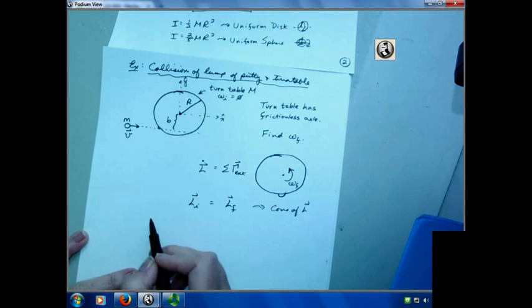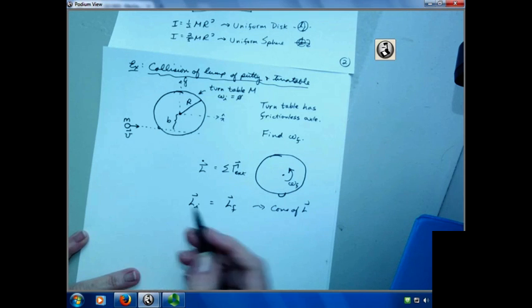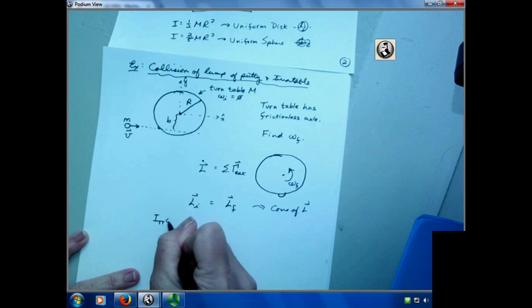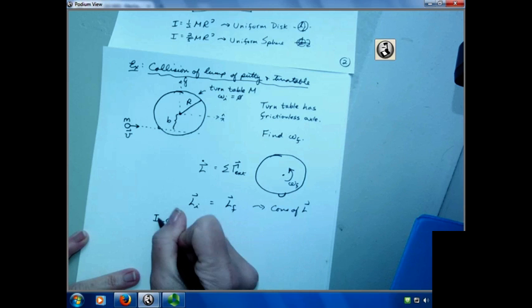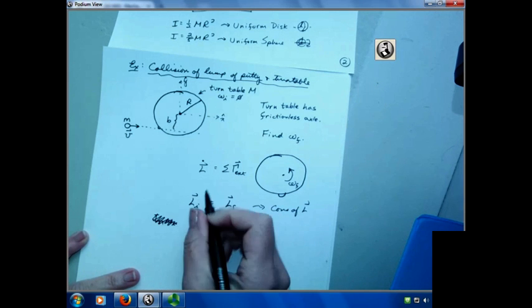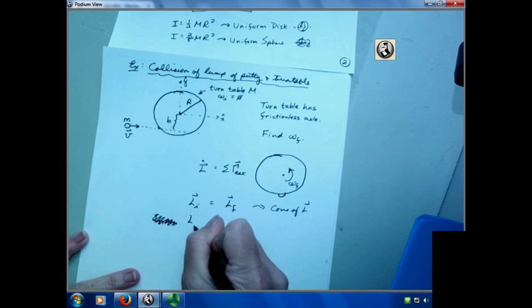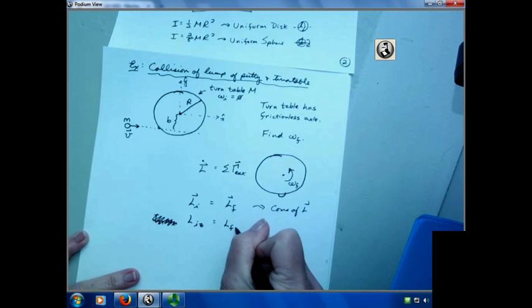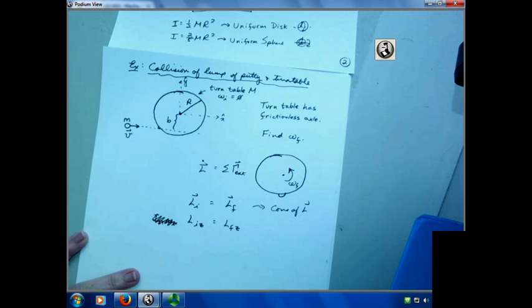I've got a turntable. So initially I have I of the turntable times omega initial. Let me just note that all these angular momenta are about the z-axis, where the z-axis is out of the page because I have a right-handed coordinate system.